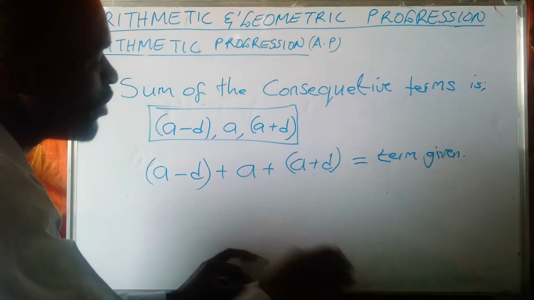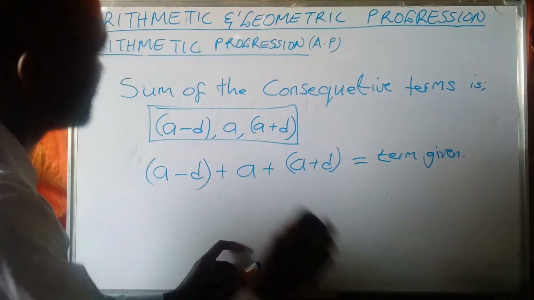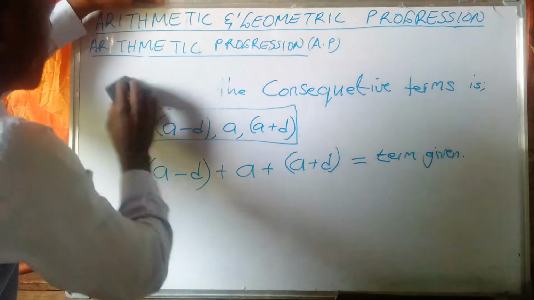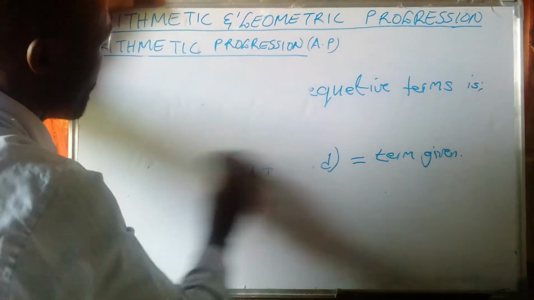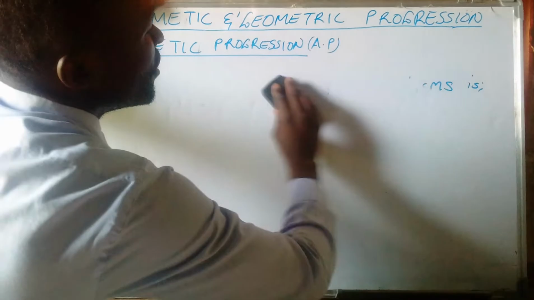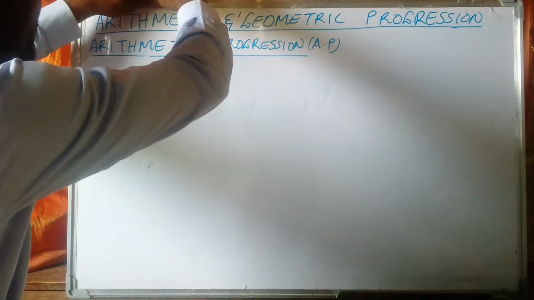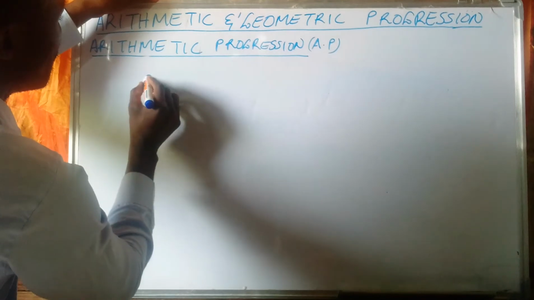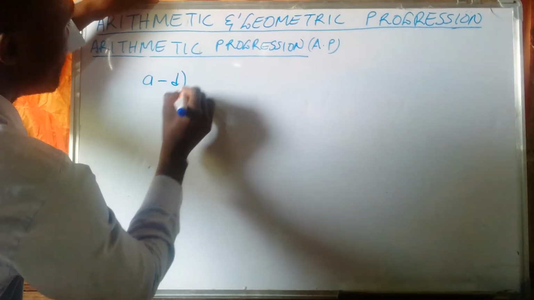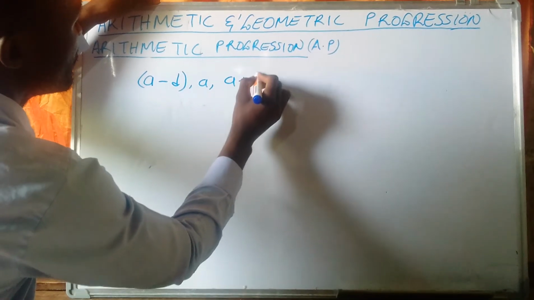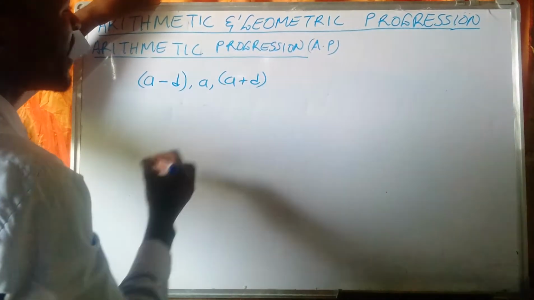Therefore, let us look at the product. You are supposed to master the way it is. This is the general form.